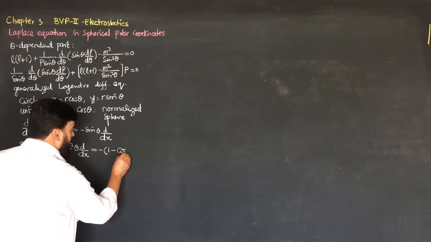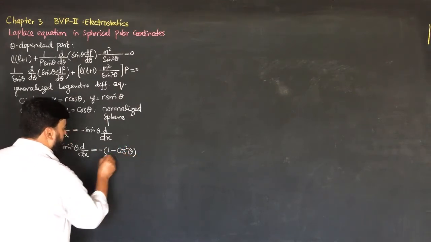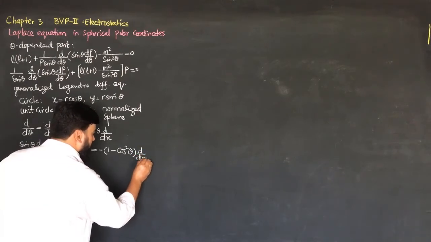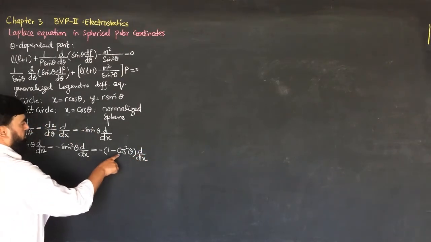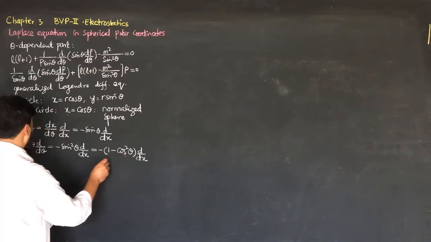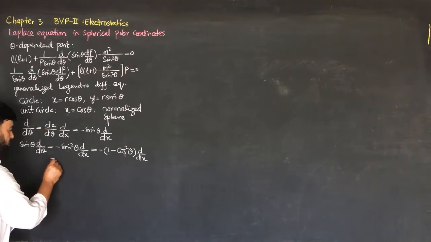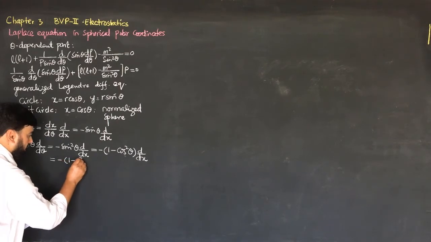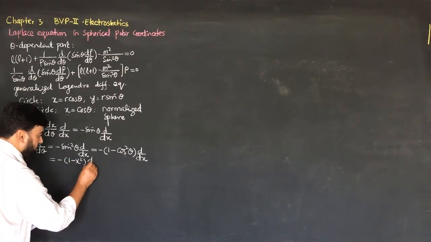And 1 minus cos square theta I can write as 1 minus x square, so this will be equal to minus 1 minus x square d over dx.